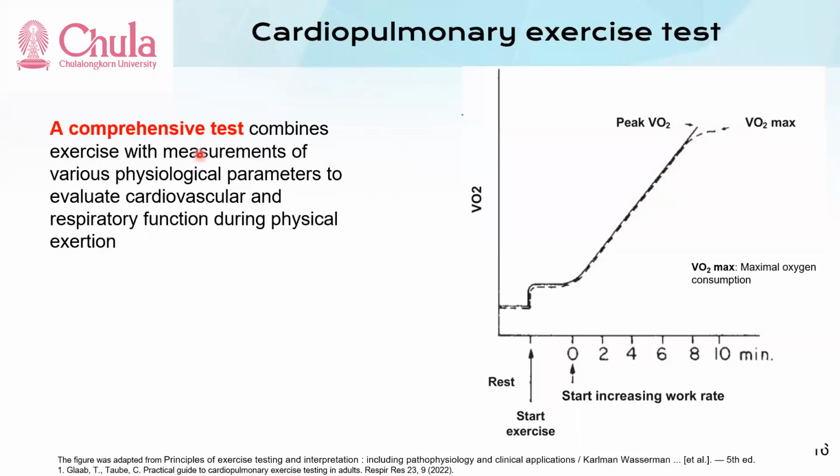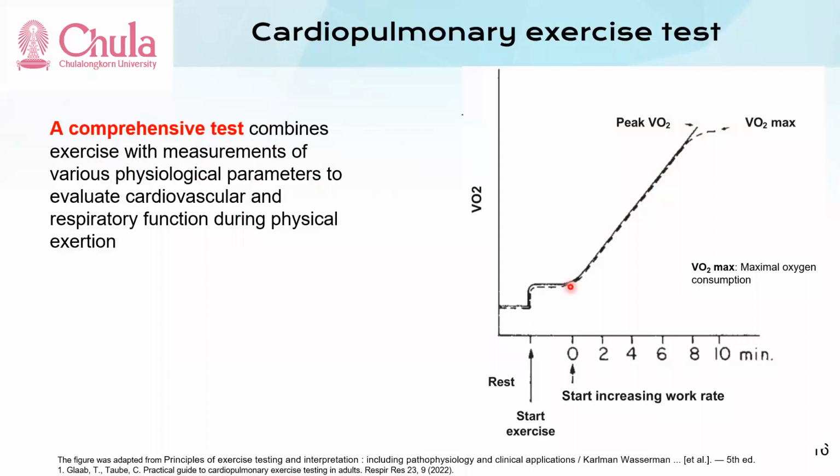Cardiopulmonary exercise test is a comprehensive test that combines exercise with measurements of various physiological parameters such as heart rate, blood pressure, oxygen consumption, carbon dioxide production, respiratory rate, ventilation, and electrical activities of the heart.